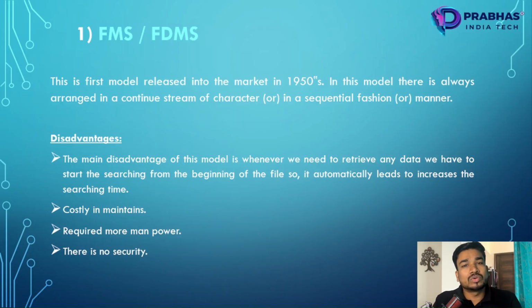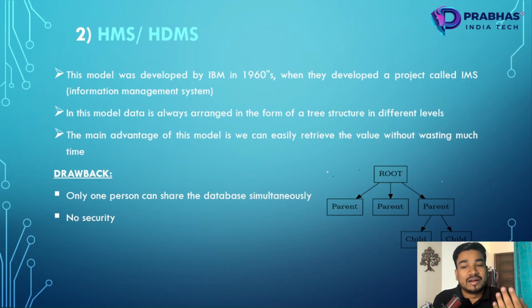Next is the hierarchy management system. The main disadvantage of FMS, scanning the data from the beginning, becomes an advantage in the hierarchy management system. This model was developed by IBM for the project called Integrated Management System, IMS.